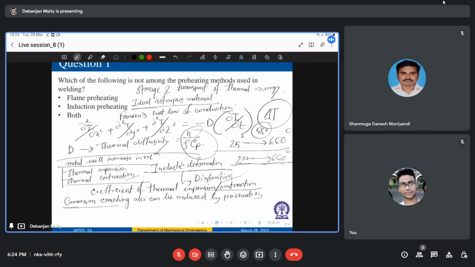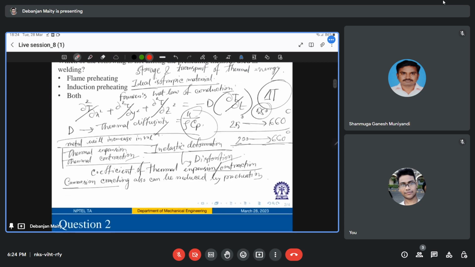So you can have something called induction heating, then there is flame heating, then there is oven heating also. What else? Okay, let us stick to these three only.